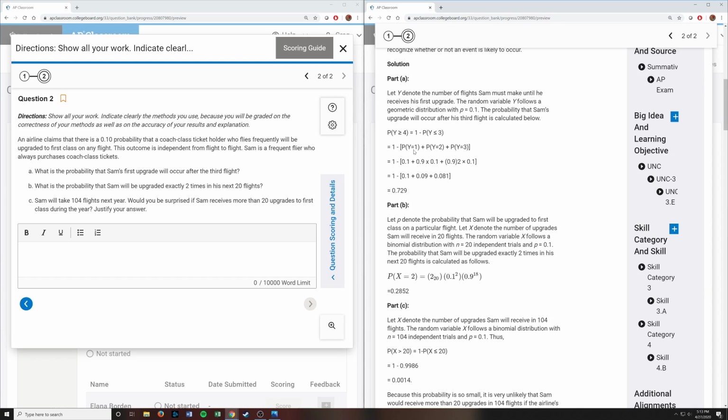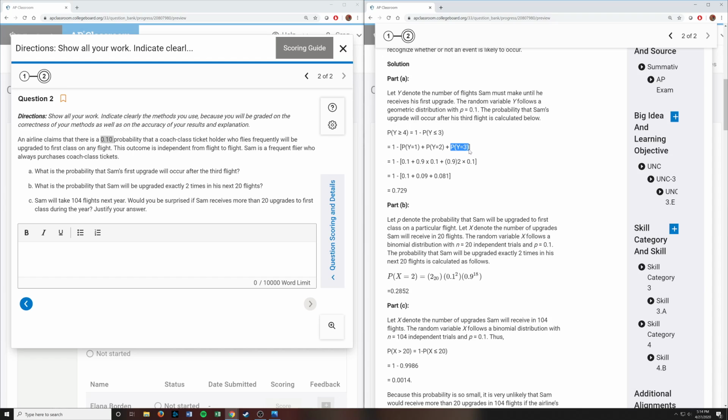The probability that Sam gets upgraded on his first flight, well, that's 10%, right? The probability he gets upgraded on exactly the second flight means he didn't on the first and he did on the second. That's 0.9, he didn't, times 0.1, he did.